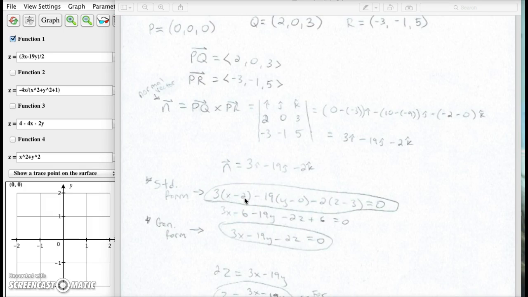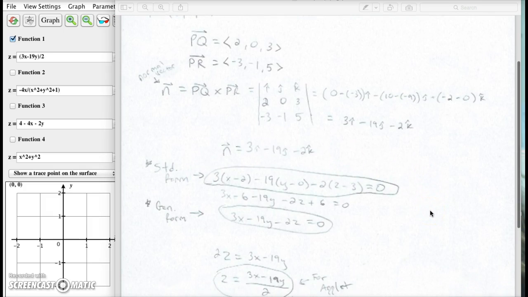So since I chose (2, 0, 3), it will be x minus 2. And then you do minus 19 times y minus 0, since 0 is the y value of the point. And then take the normal vector again. You have minus 2 for the z portion. You do minus 2 times z minus 3. So this is the standard form of your equation for the plane.